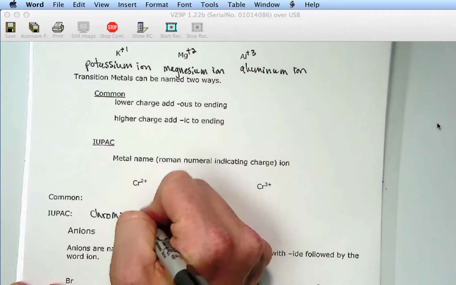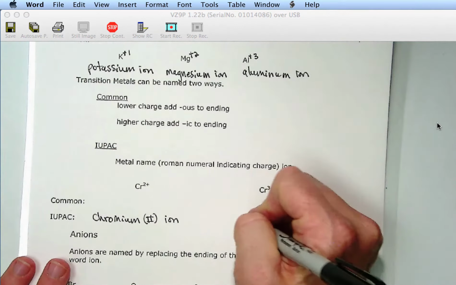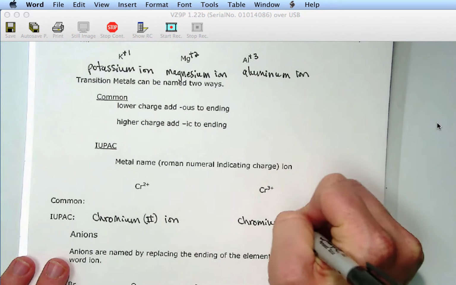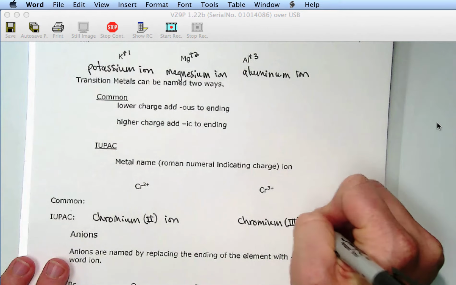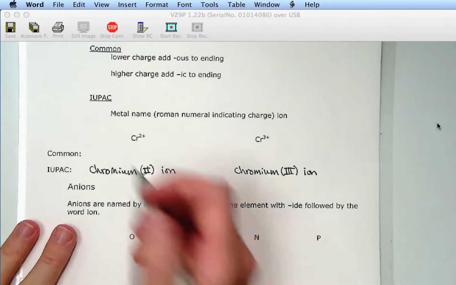So it would be chromium(II) ion. For chromium 3+, it would be chromium(III) ion.